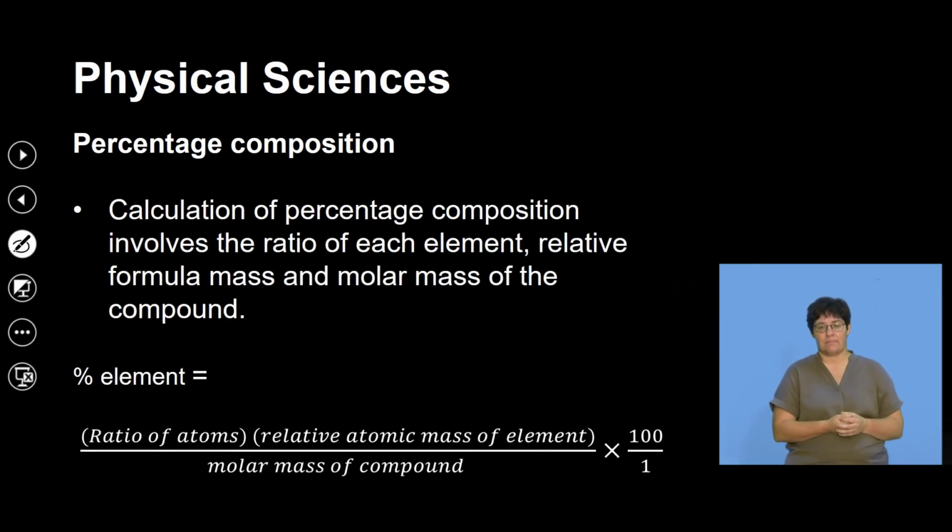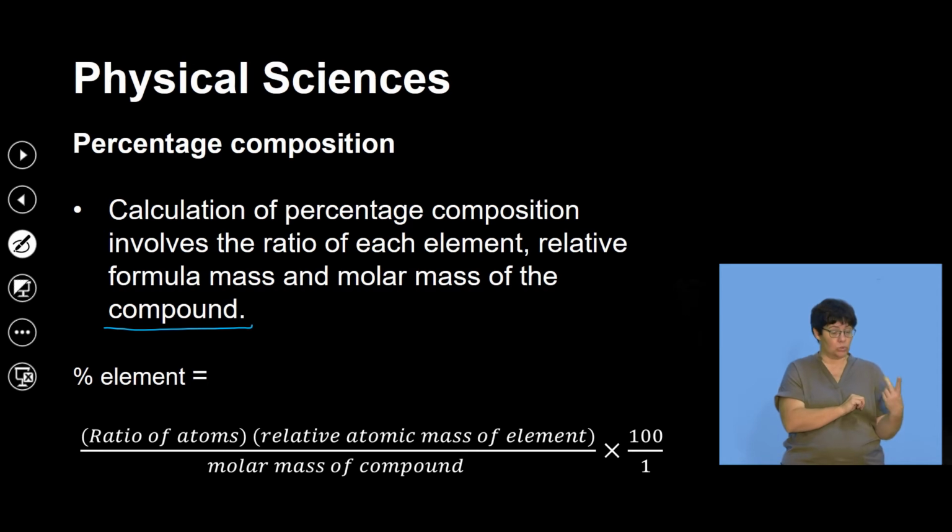Now the calculation of percentage composition involves the ratio of each element relative to the molar mass of the entire compound. When we talk about the molar mass of the entire compound, we look at the correct chemical formula and begin to add. But remember, in some cases, there can be more than one atom per formula or per molecule of an element.